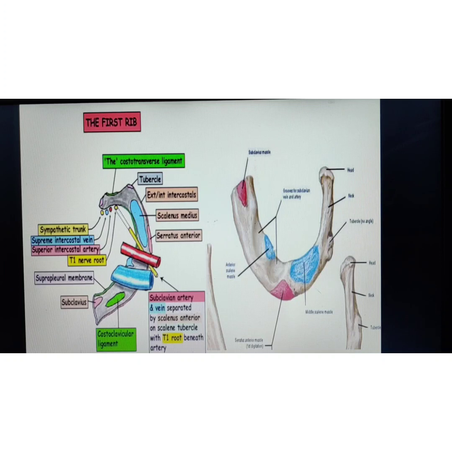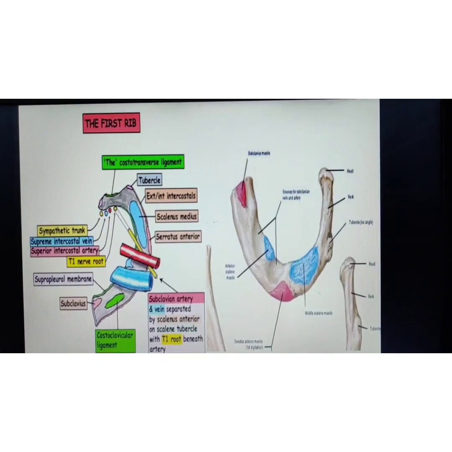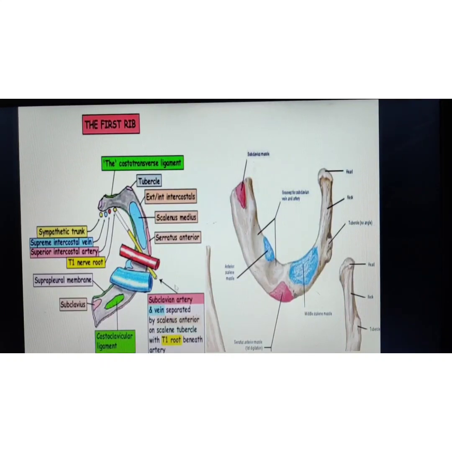So the scalene tubercle is present on the inner border of the first rib, which separates the anterior groove from the posterior groove. The lower smooth surface of the first rib does not have a costal groove.